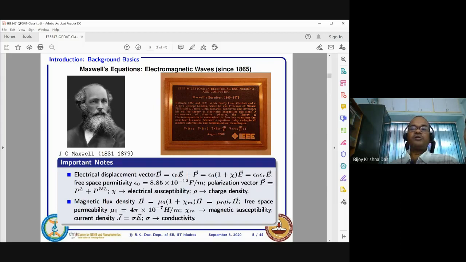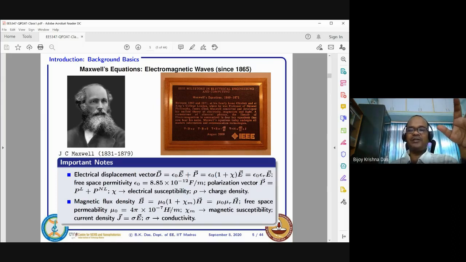So this is all Maxwell's equations, which I just explained with one slide. I must tell you that Maxwell introduced these equations in 1865, so almost 150 years ago. At that time he did not give these formulas in this form, because vector calculus was not yet invented.